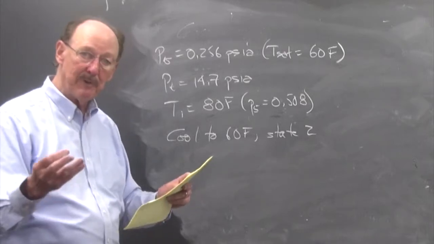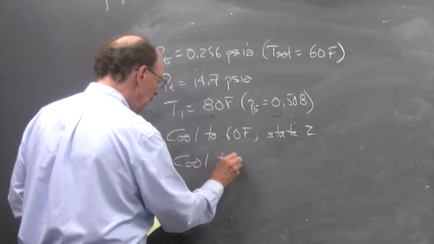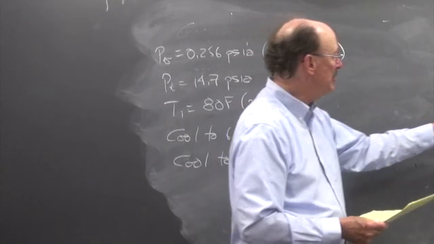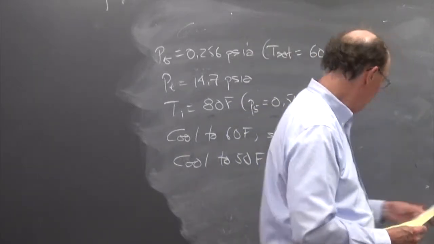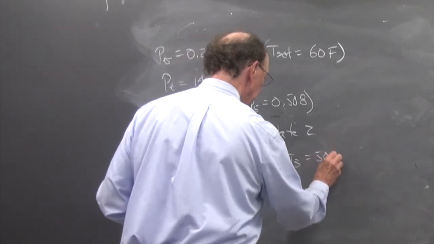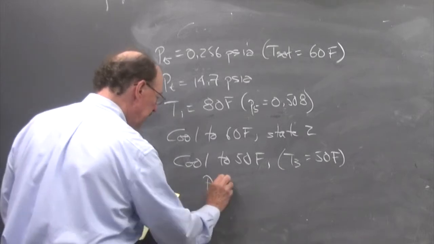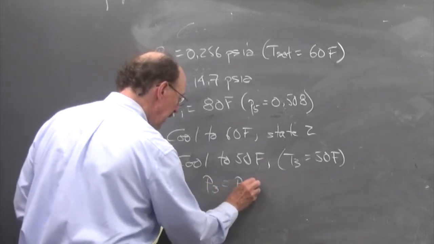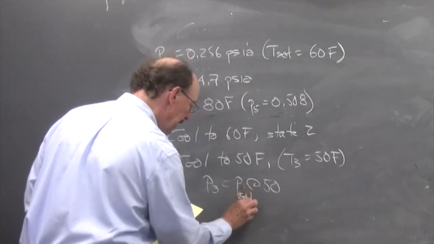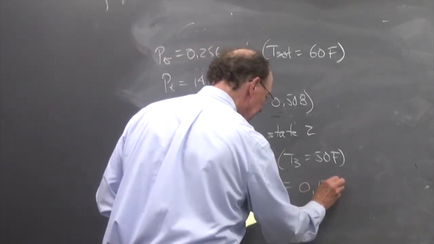Let's say I do cool it further, and I cool it to 50 degrees. In this case T3 would be 50, and P sub 3 is equal to P sub G at 50, or P sat at 50, and that's equal to 0.178.